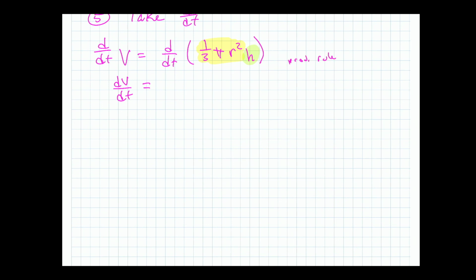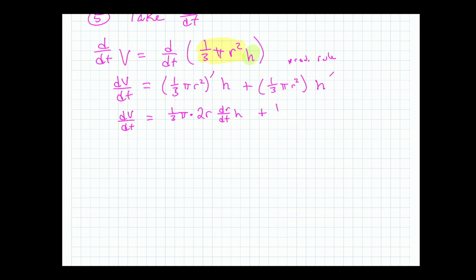Product rule: f prime g plus f g prime. All right, so we take our derivatives now. The derivative is going to be 1/3 pi, and then the derivative of r squared is 2r, but you tack on a dr/dt, and you have an h.